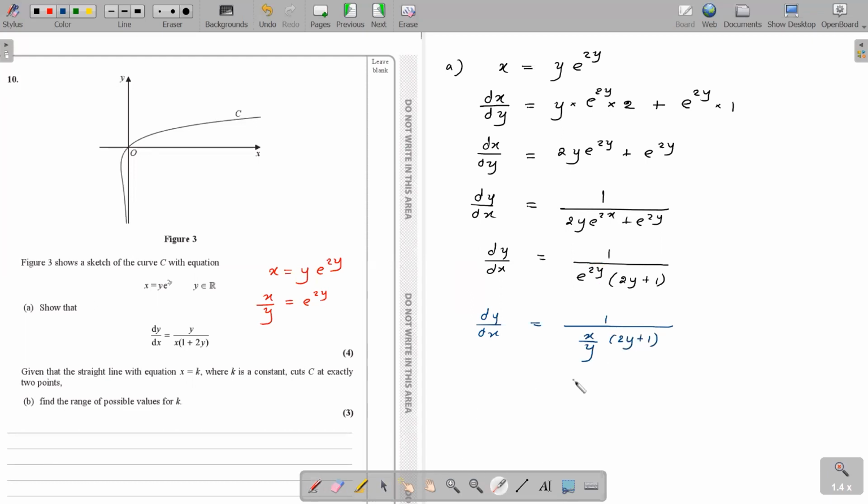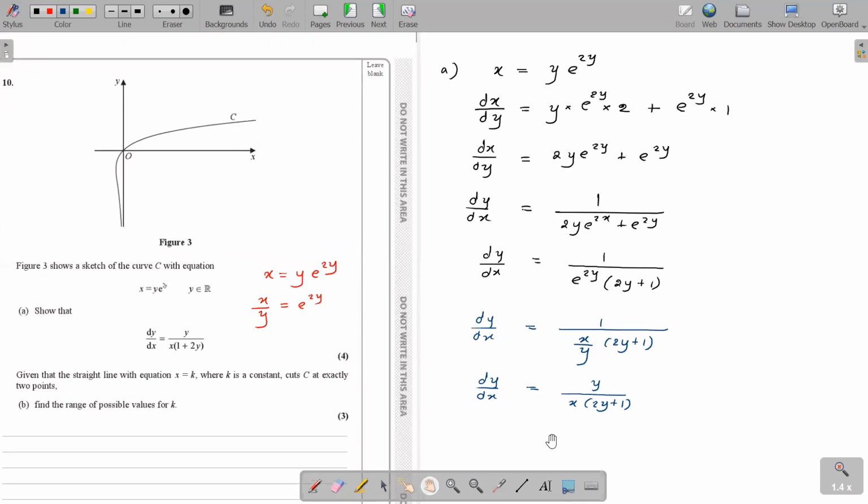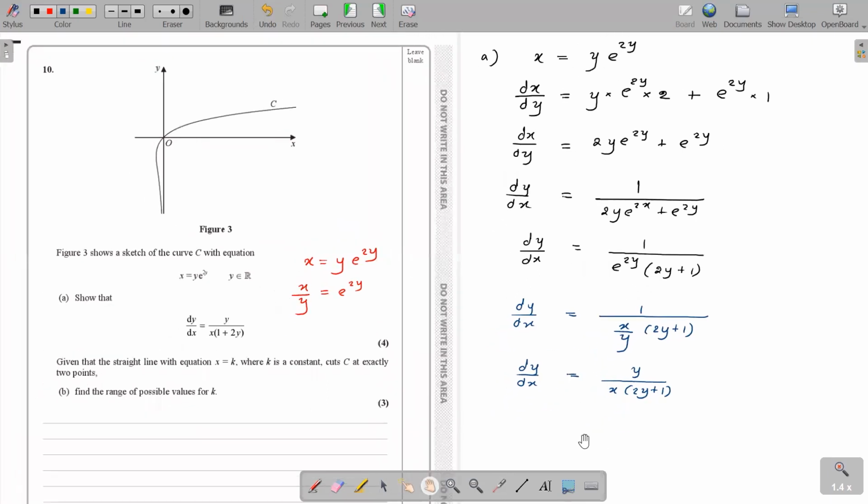So in the denominator, when you have another denominator like this, y goes up. Y over x times (2y plus 1). So this is the show that, for 4 marks. Make sure you show all the steps. So be careful, just make sure you show the steps.